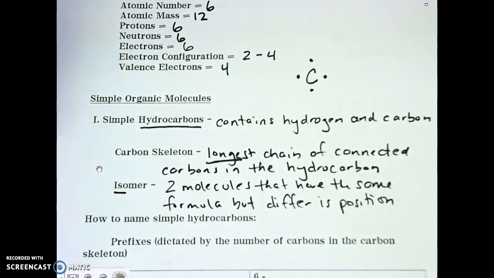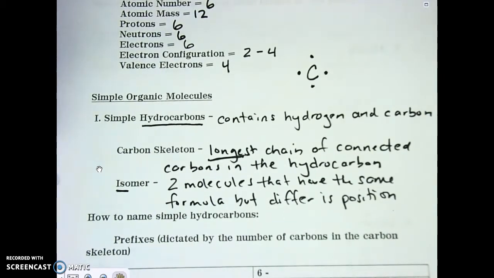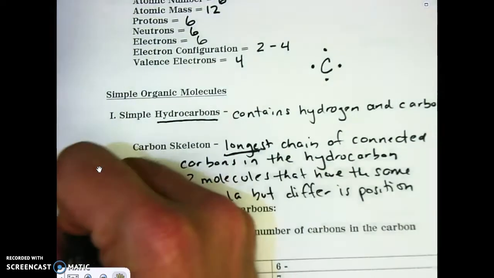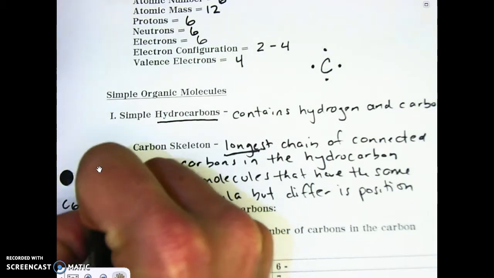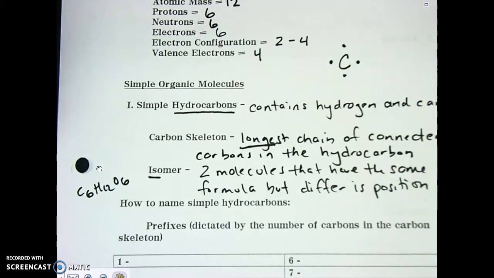So for example, C6H12O6, that is an organic molecule that you'll become very familiar with. Most often when you see that written, they will refer to it immediately as glucose, technically that's the most common reference.